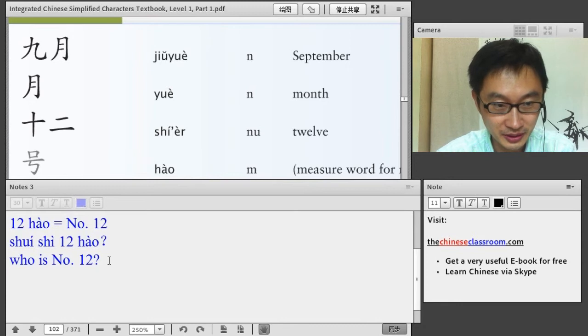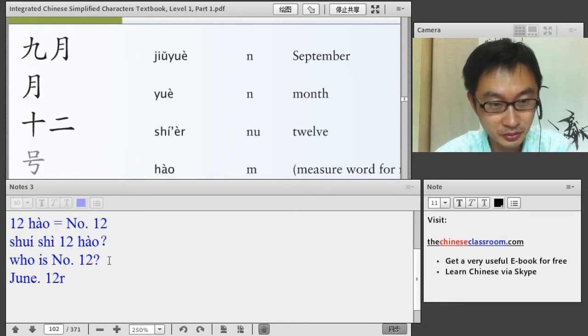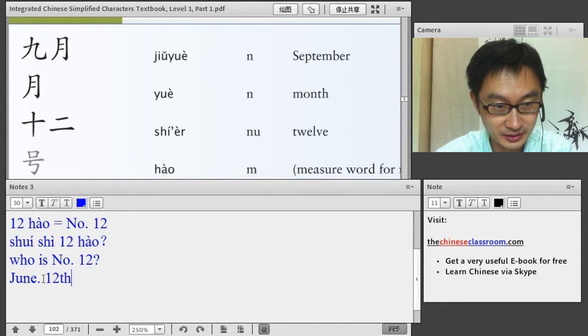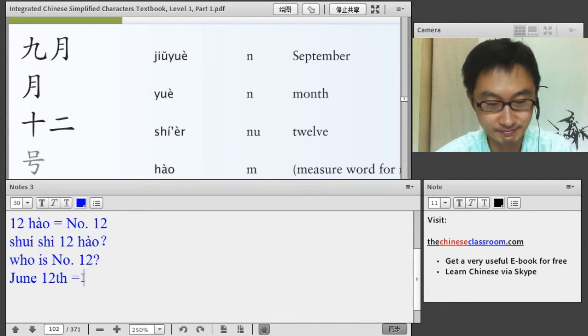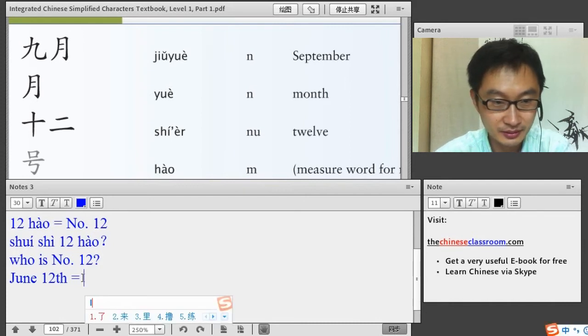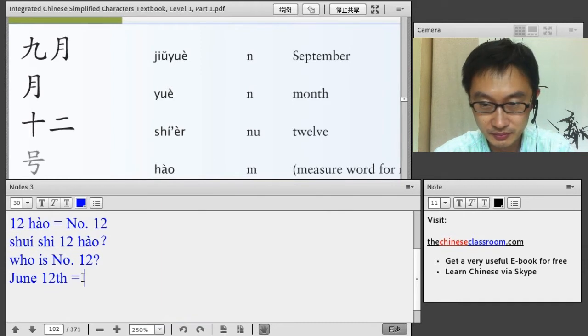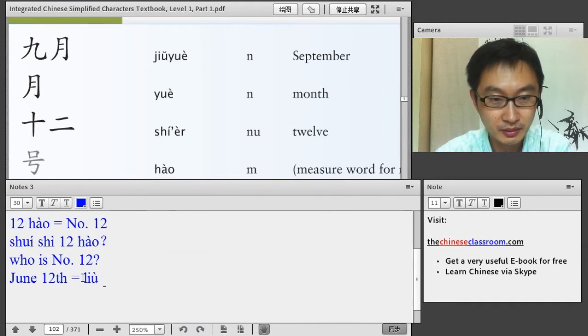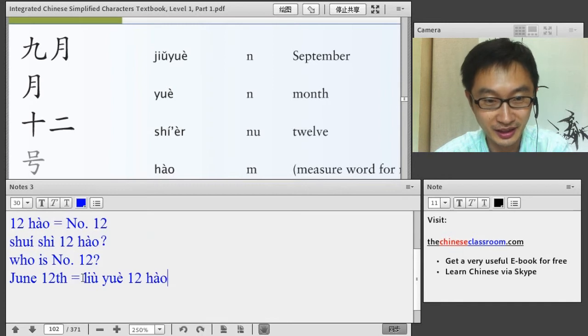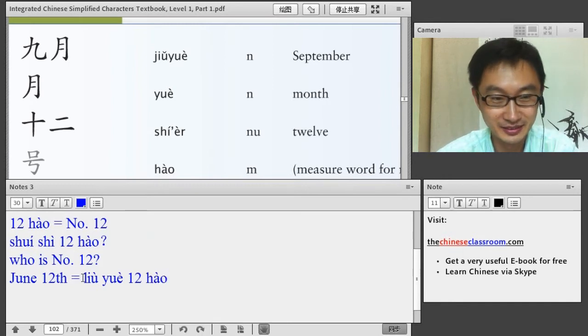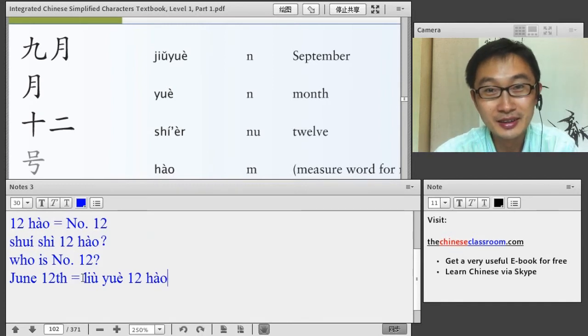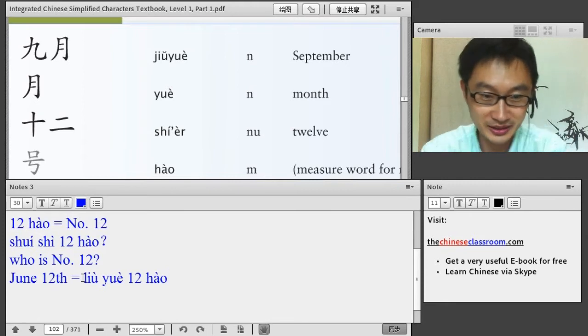How do you say, for example, June 12th? We don't need these dots. It's 6月12号. Okay, 6 is 6, the 6th month, and the 12th day, 6月12号.